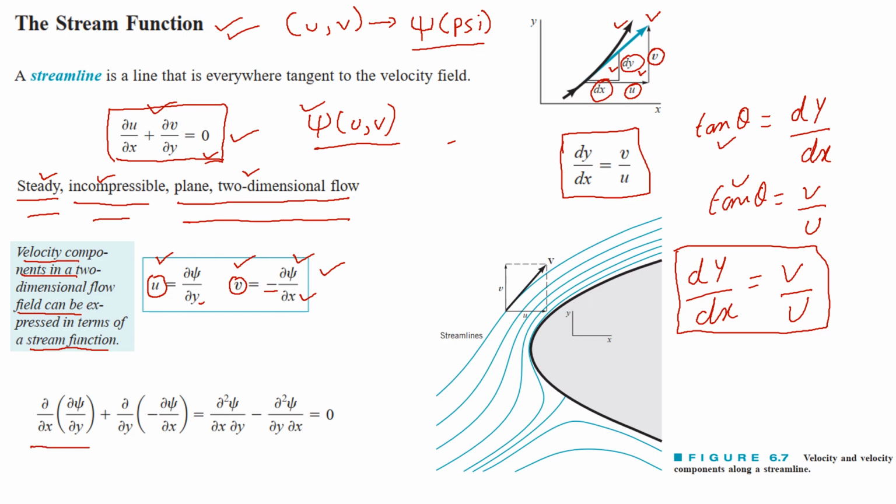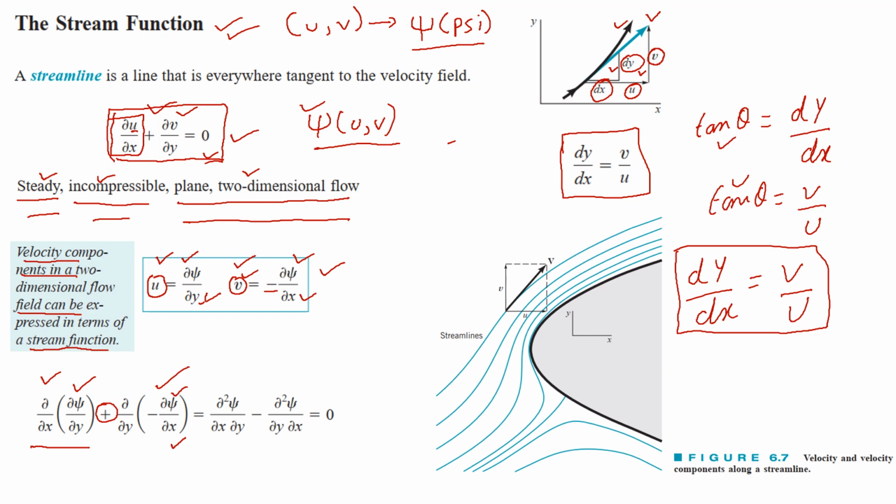This is the partial u over partial x term, and by putting u as partial psi over partial y, you can see it here, plus the partial v over partial y term, where we have put v as minus partial psi over partial x.